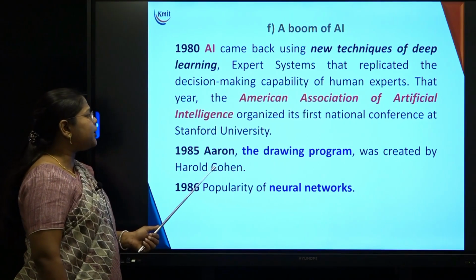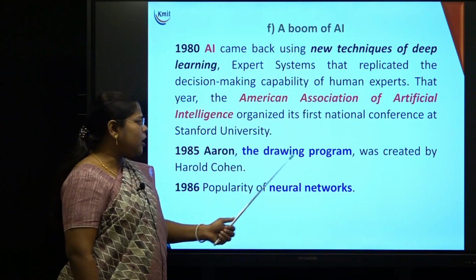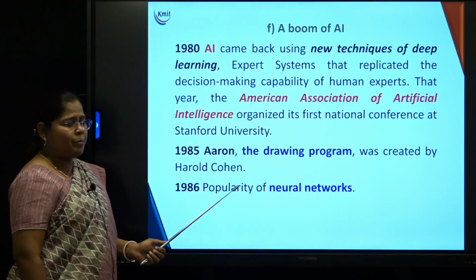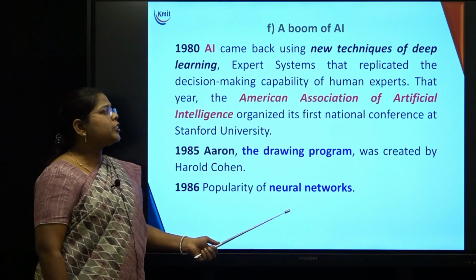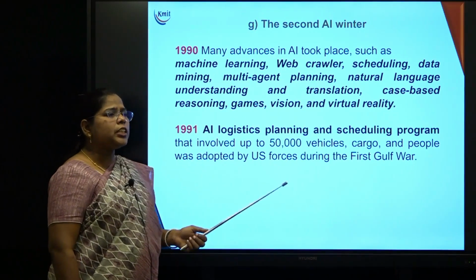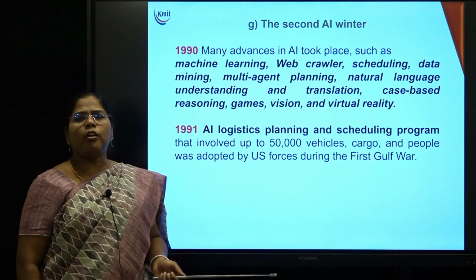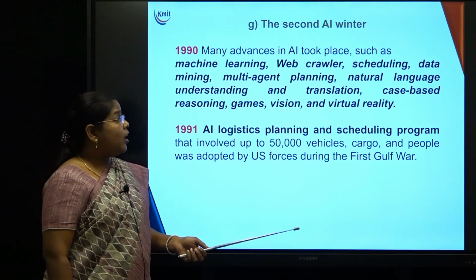Later in 1985, AARON created a drawing program which solved many problems in gaming. In 1986, the popularity of neural networks began. From that time, many researchers have been developing many algorithms to solve many types of problems which are helping society.